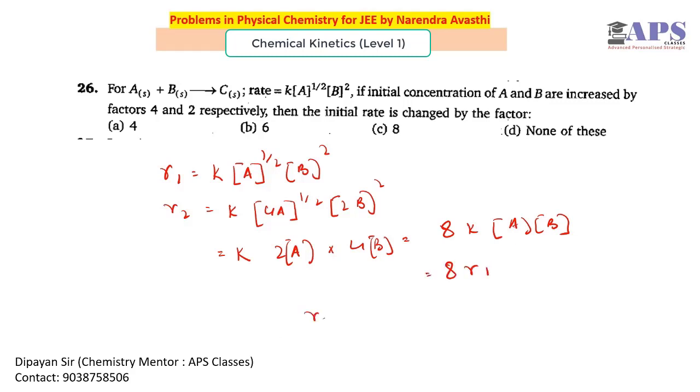So R2 equals 8 R1, that is, the rate of the reaction will increase by 8 times.